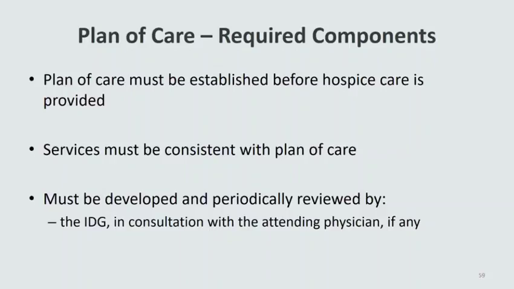Well, wait, what? How can we do that? What that means is that CMS expects that the plan of care is going to be initiated based on the information that is gathered in that patient's initial assessment, and then you develop the plan of care from there. So in many hospices' views, we are caring for the patient the time we go out there and admit them, before that assessment is even completed. CMS doesn't look at it that way.